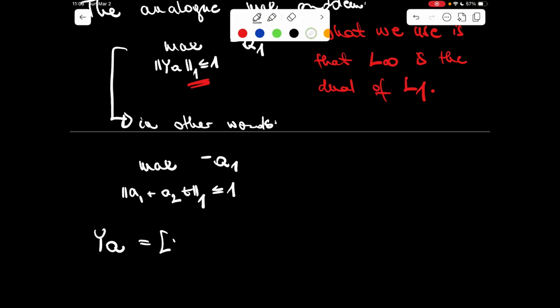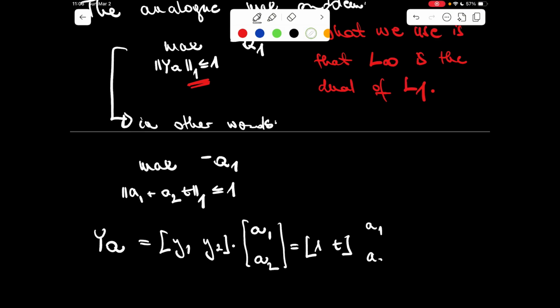It is the product of two vectors. The vector of A1 and A2 and the vector of Y1 and Y2. And if we expand it, then we receive this function. So this is the way how we got here.